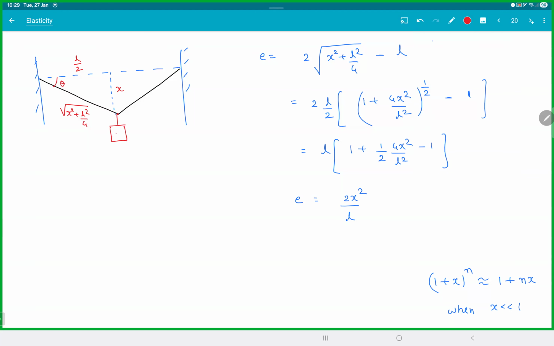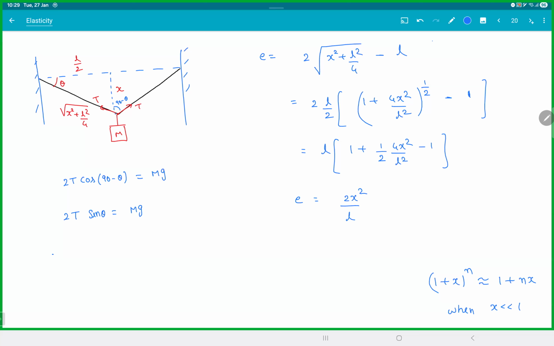And you attach the block M here, so this will give you tension T and this will give you tension T. And this angle will be 90 minus theta, so that would be 2T cos of 90 minus theta is equal to mg. That would be 2T sine theta is equal to mg.